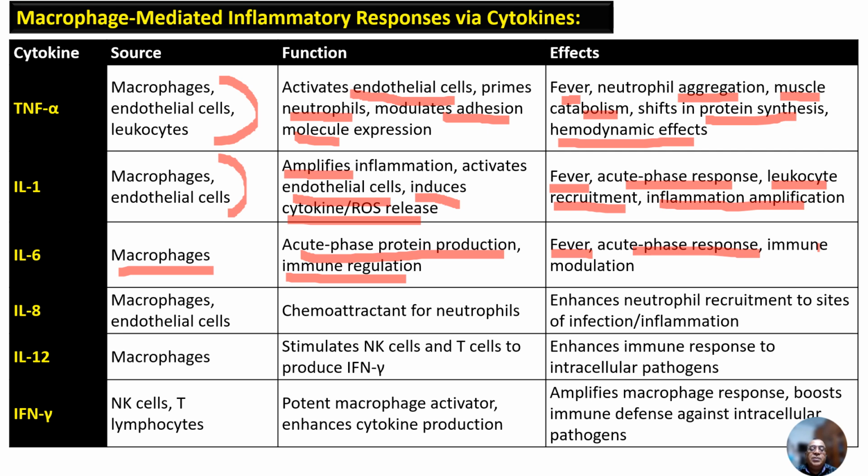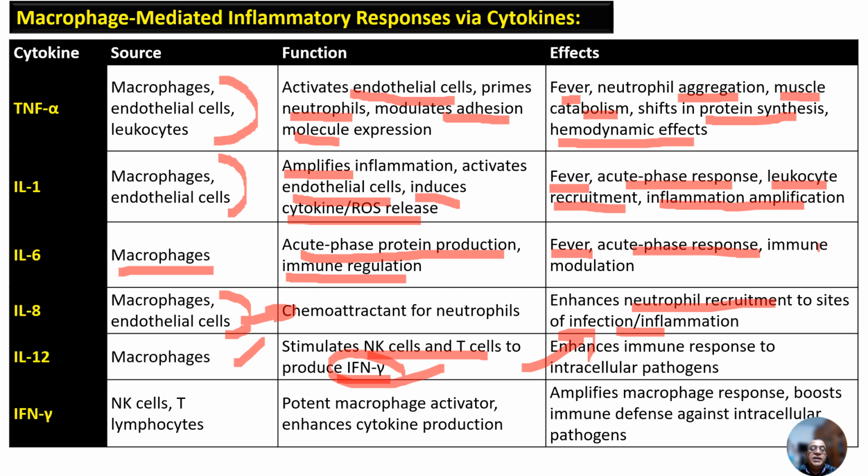Interleukin 8 from the macrophages and endothelial cells serves as a chemoattractant for neutrophils, and it enhances neutrophil recruitment to the site of inflammation. Interleukin 12 from macrophages stimulates natural killer cells and T cells to produce gamma interferon, and these cytokines then enhance the immune response to intracellular pathogens.